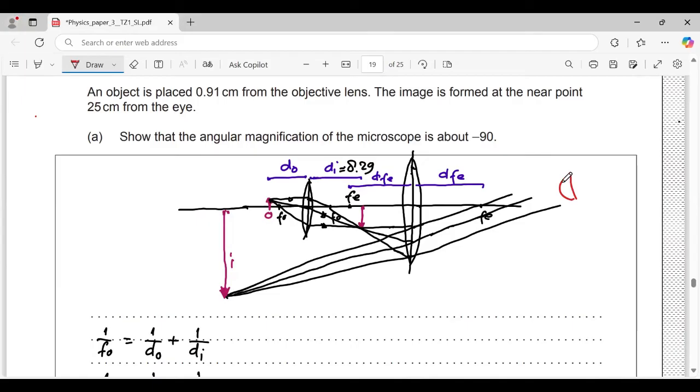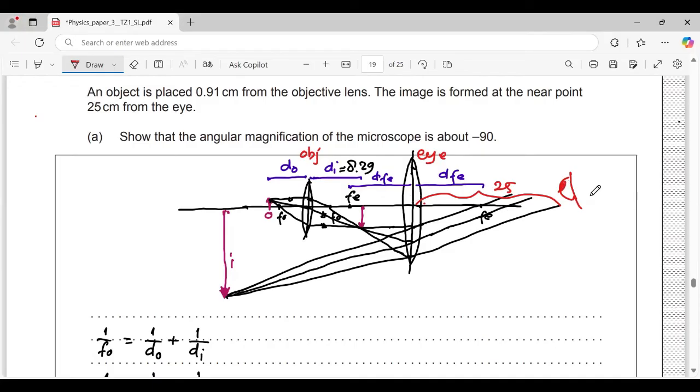This is the eyepiece lens, and this is the objective lens.